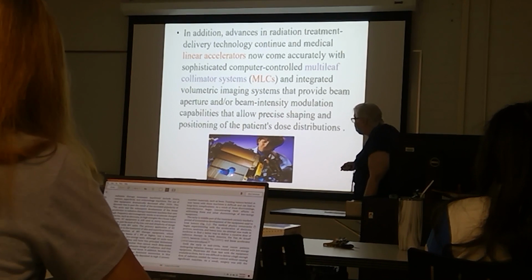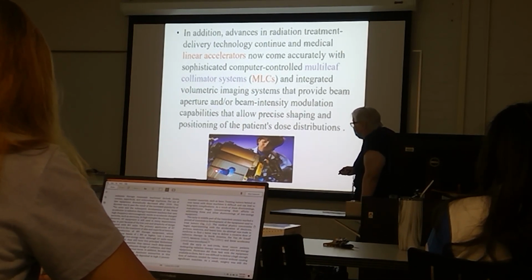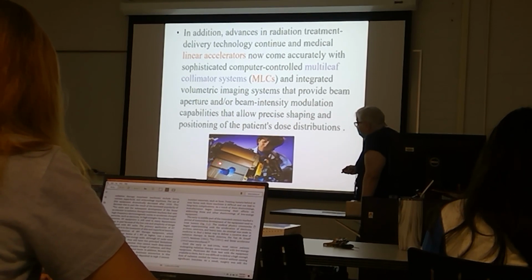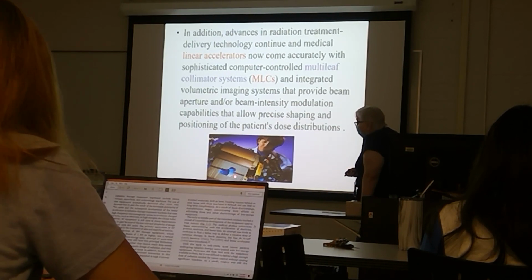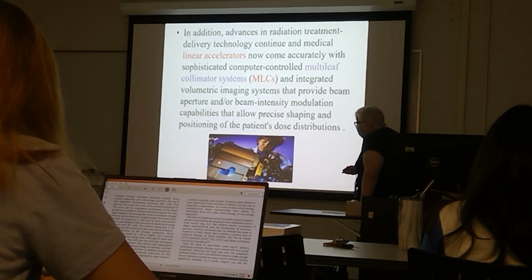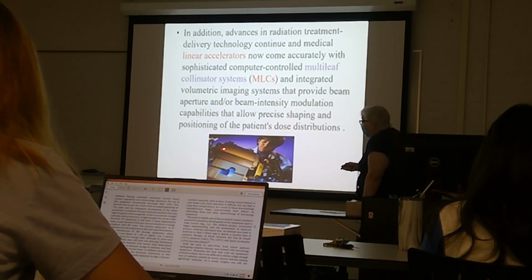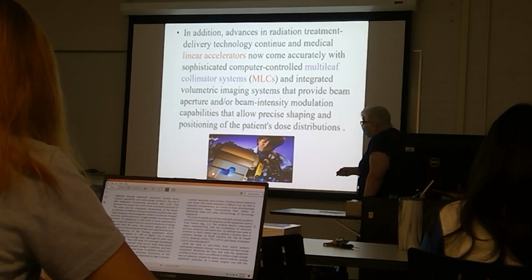So this looks like a 120 leaf, half a centimeter MLC. Each of these motors drives one of these leaves. So you've got motors on this side, motors on this side, and each one of them drives one leaf.